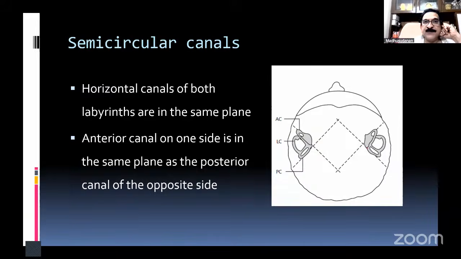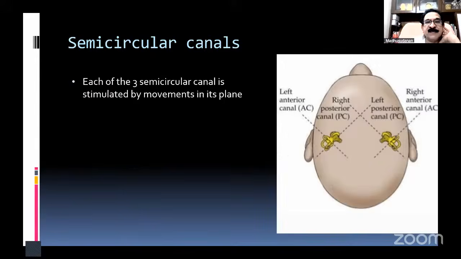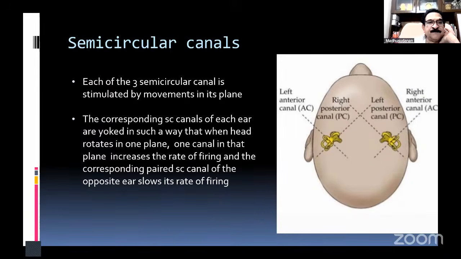So for example, that is the orientation of the right anterior canal, and that is the orientation of the left posterior canal. So when the head moves in one plane, these are the canals which are excited or inhibited. Each semicircular canal is stimulated by movements in its plane. For example, a horizontal movement stimulates or inhibits the horizontal canal.